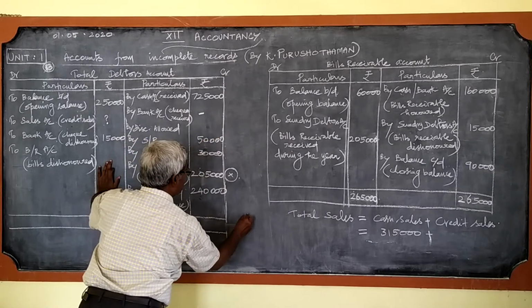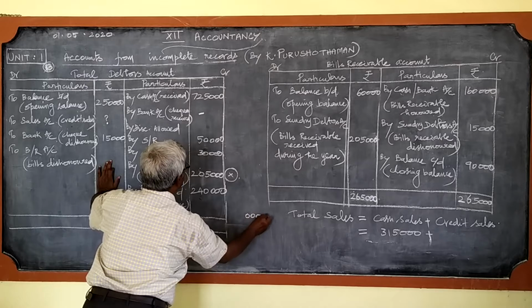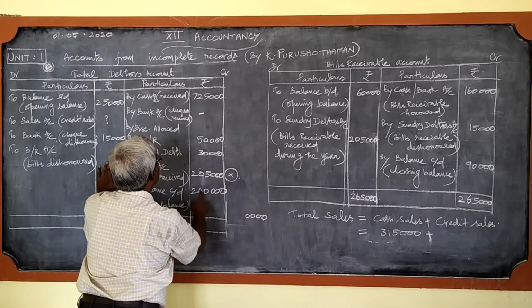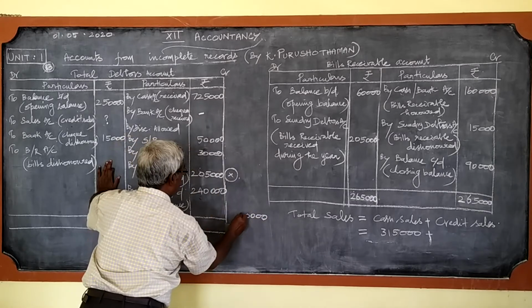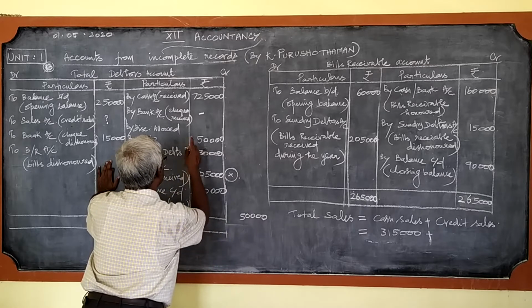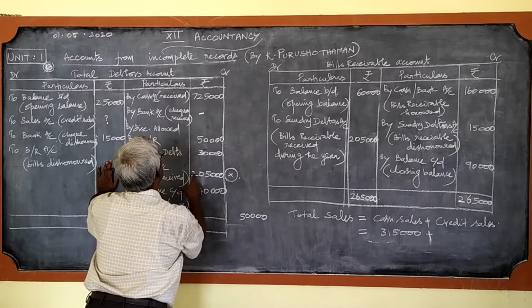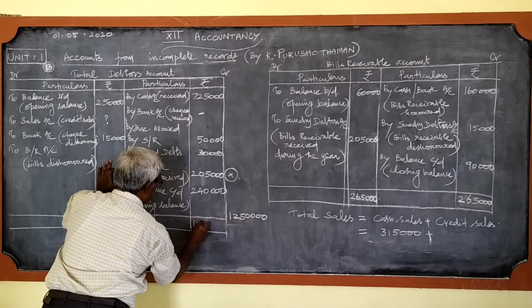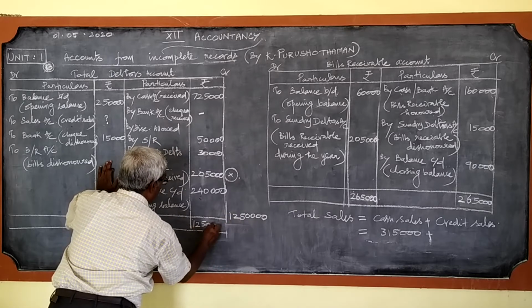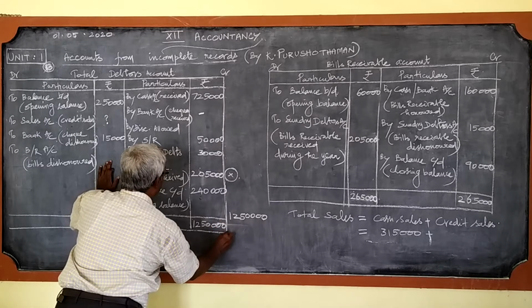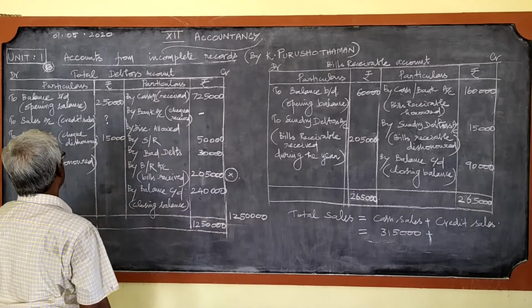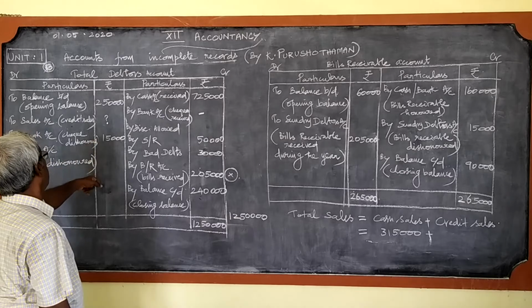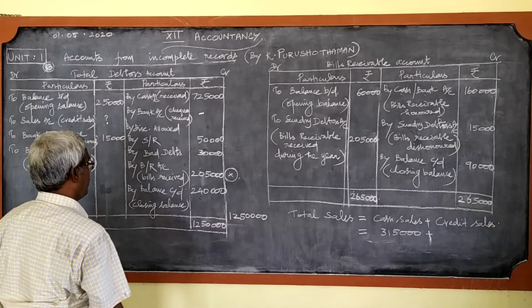Here the debit side total is 2 lakhs 65,000.